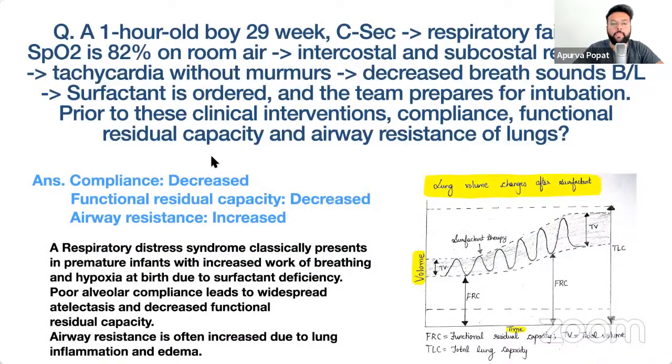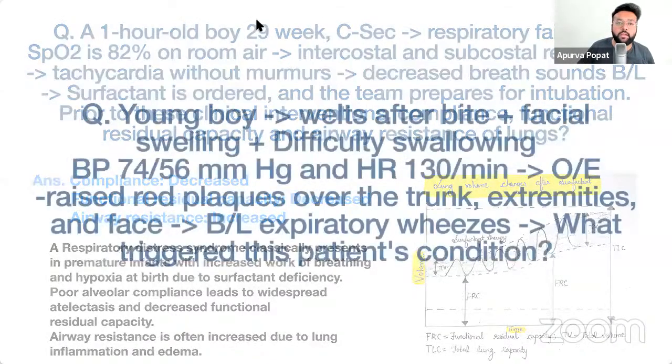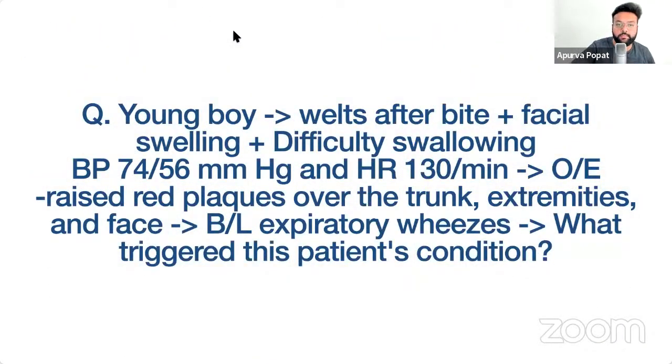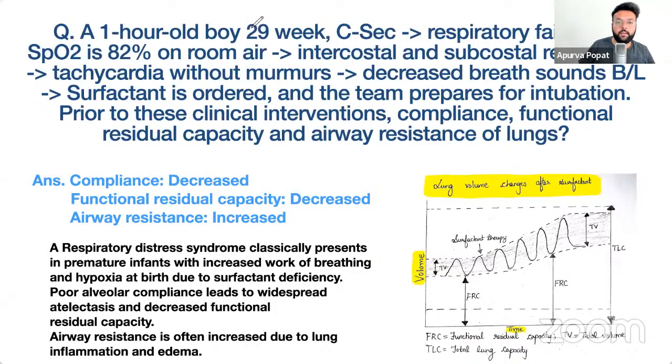So before giving surfactant, compliance is less. That means you need to work hard to change the volume of the lung. What's the formula of the compliance of the lung? Pressure divided by volume? Resistance?